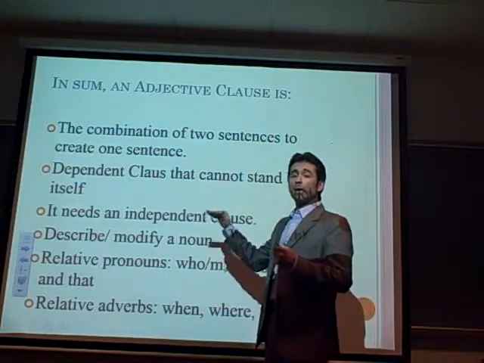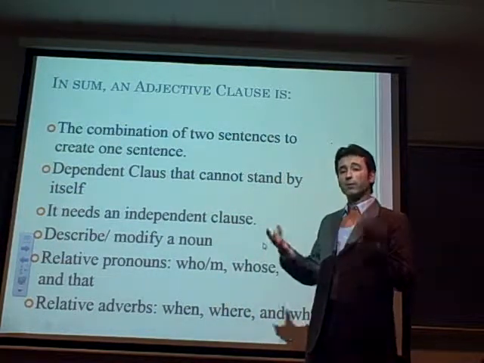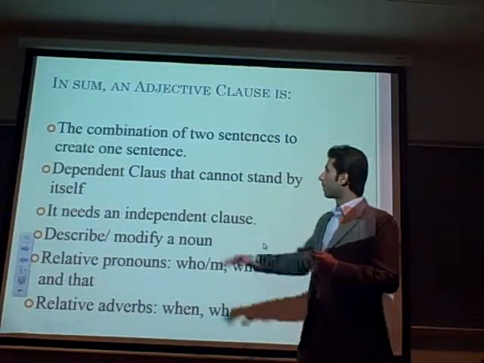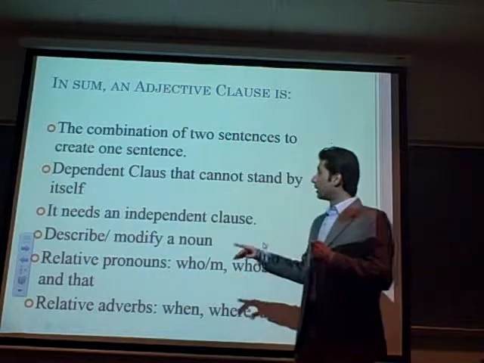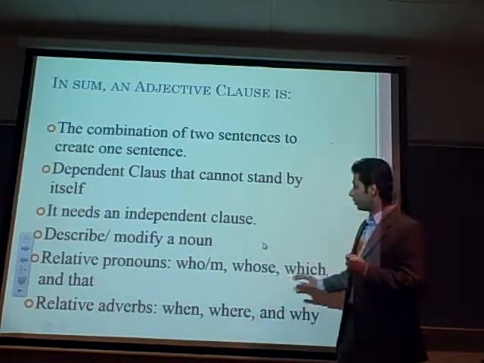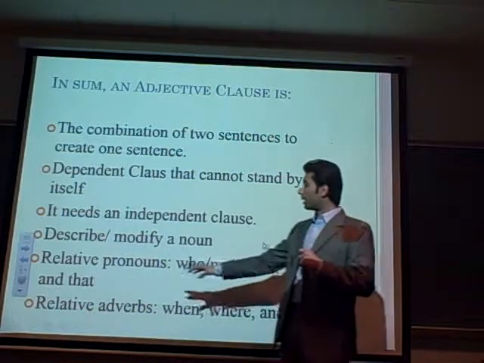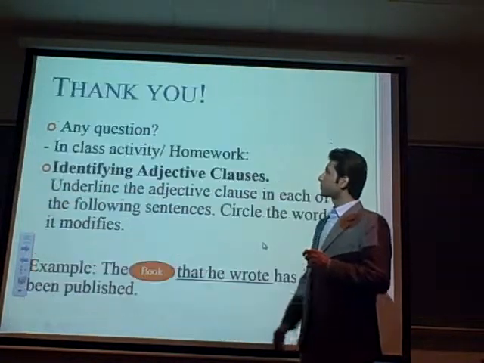It needs an independent clause in order to give a complete thought or idea. It describes or modifies a noun. Relative pronouns are who, whom, whose, which, and that. Relative adverbs are when, where, and why.